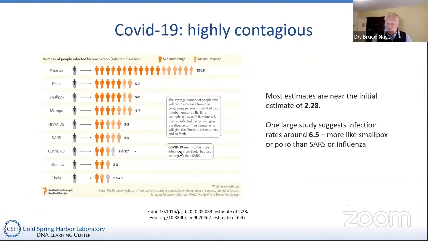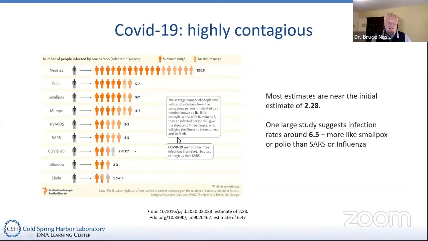Part of why it traveled so fast, apart from us being in a very modern society where people move around a lot, is that it's a very infective virus. You might have heard about this a lot. Most estimates range between 2 and 3 people being infected each time one person is infected.